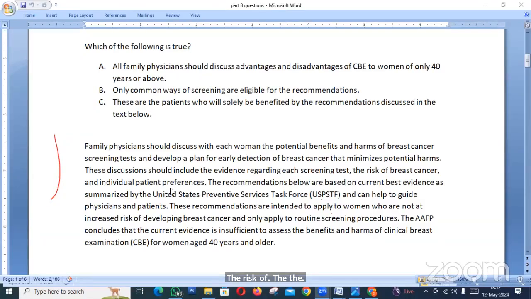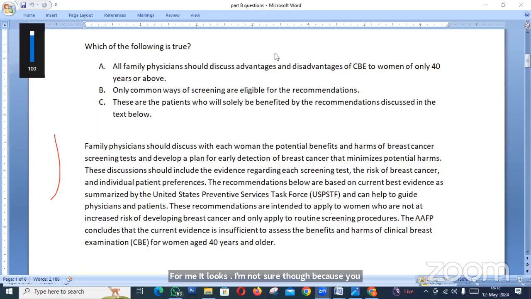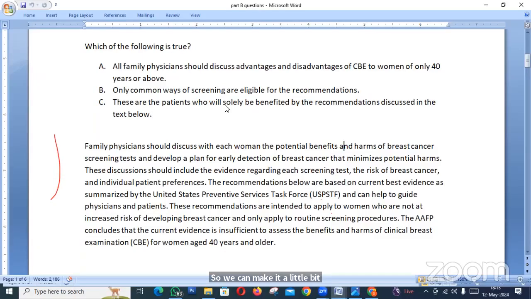For me, it looks like B. I'm not sure, because I discussed this a long time ago. So we can make it a little bit clear. Yes, please. Okay, just wait a little bit. I will make it clear.